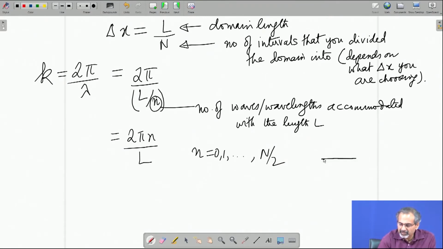Again, you must be remembering that the shortest wave would take up a distance of 2 times delta x, and this factor 2 basically is connected with the fact that the shortest wave takes up 2 times the grid spacing.